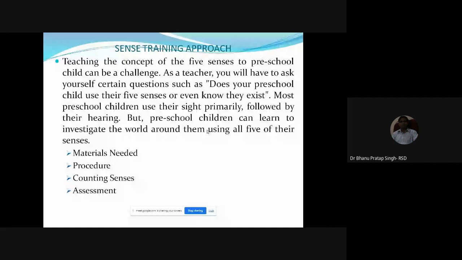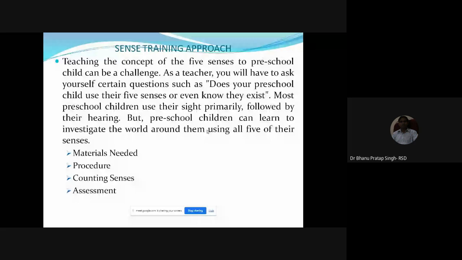And most preschool children use their sight primarily, followed by their hearing. Preschool children can learn to investigate the world around them using all 5 of their senses. But the teacher is ready to guide the child.